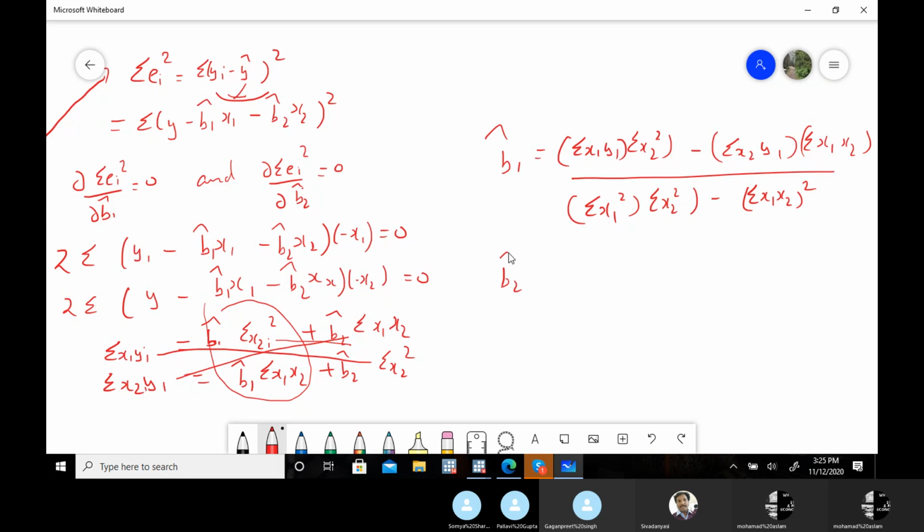Similarly, for the beta 2 part, you have to ignore this part for the cross multiplication.